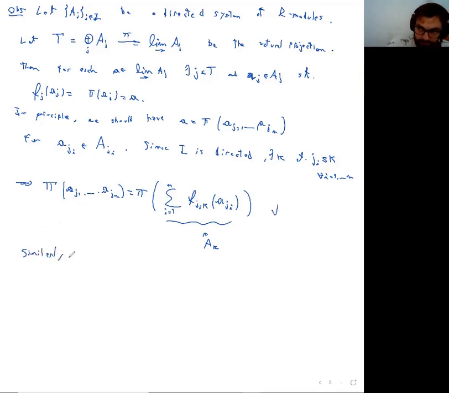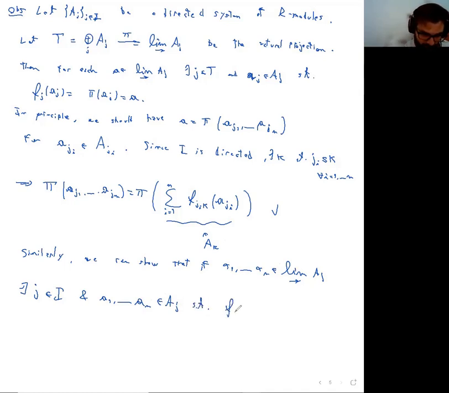So similarly, we can show that if we have multiple elements in the limit, there exists one j and elements in this A_j such that f_j of a_k is alpha_k.